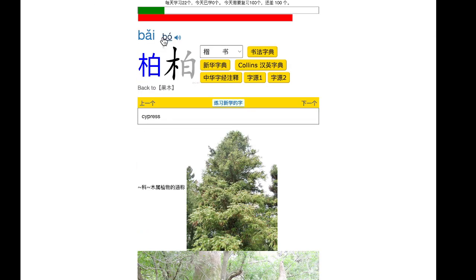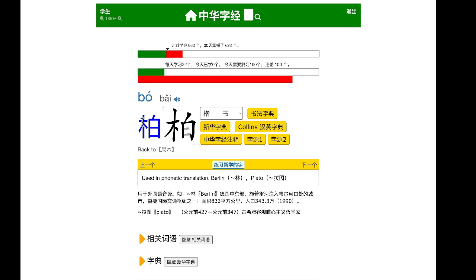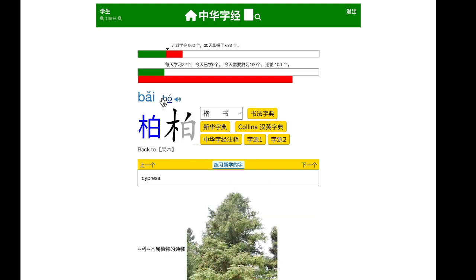But this character's got another reading, bo, and it's read bo when we use it for transliterating foreign words, like Berlin is called Boling, and Plato, the philosopher, is called Bolatu. So in those contexts, it's bo, not bai. When we're talking about the tree, it is bai.